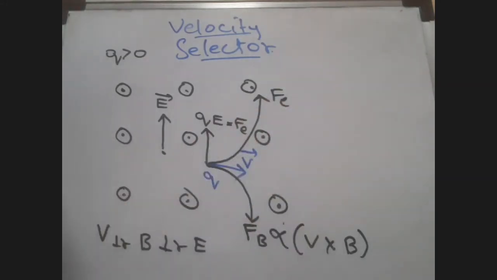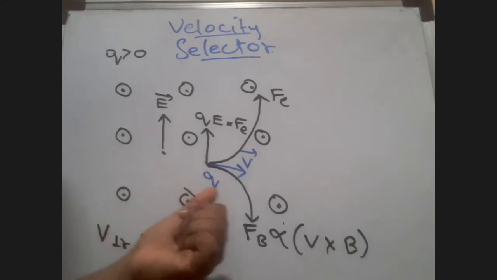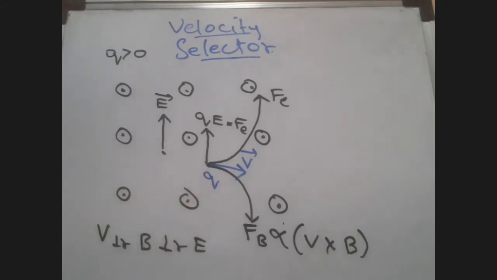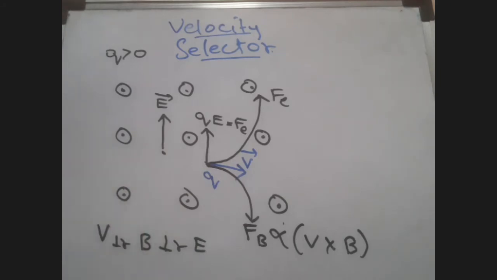So my question is, at what point will the charge go exactly undeflected, basically not affected by the magnetic field and not affected by the electric field? How do we decide that?